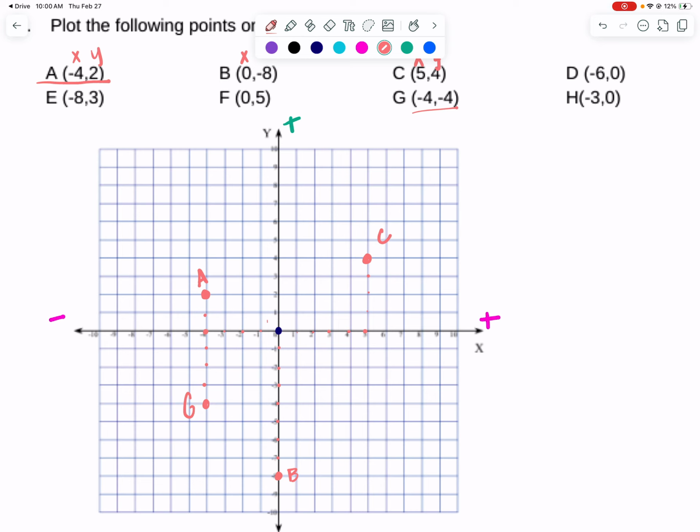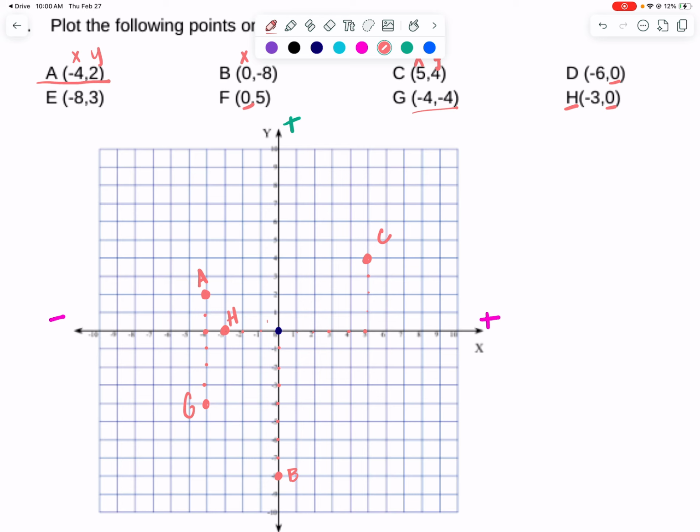All of the others, notice when you have a 0 for one of your coordinates, that means you're going to be on one of the axes. If I look at point H, negative 3, 0 means I go to negative 3 on the x direction, but I don't go up or down in the y direction. So H lands on the x-axis.